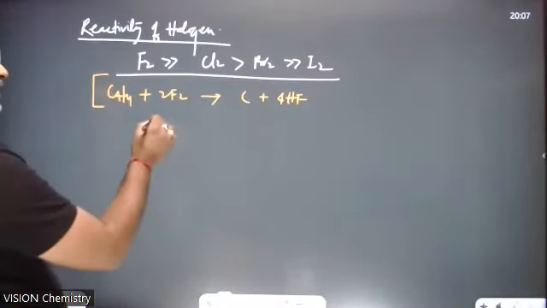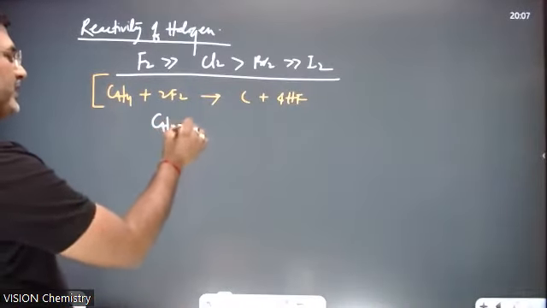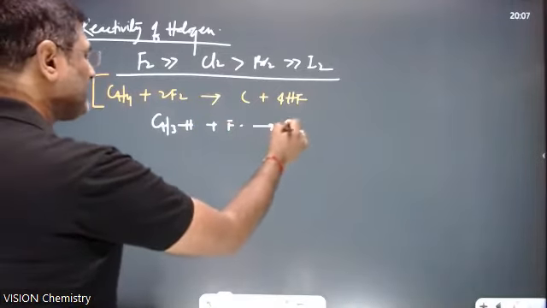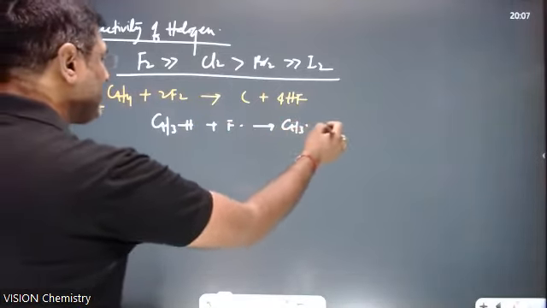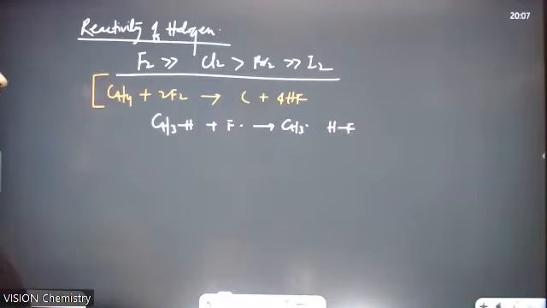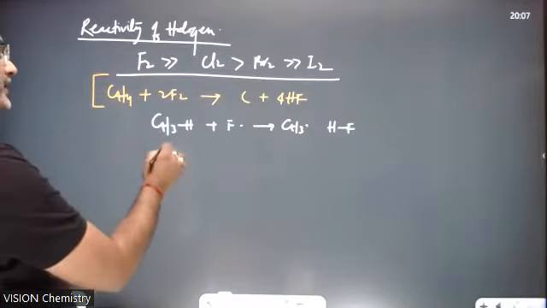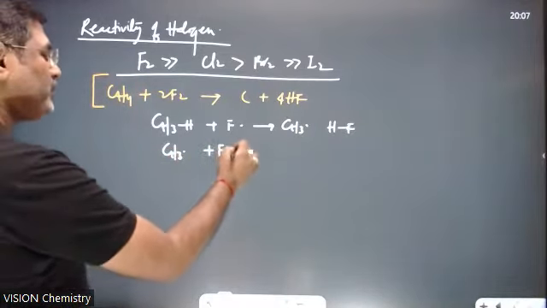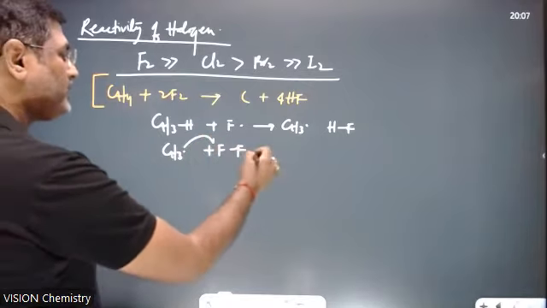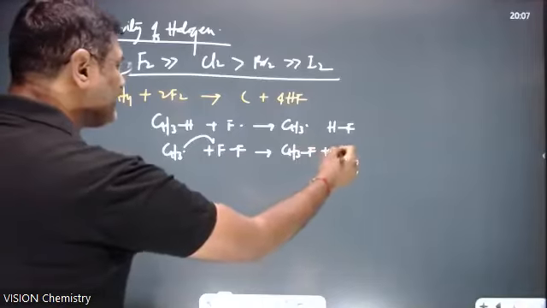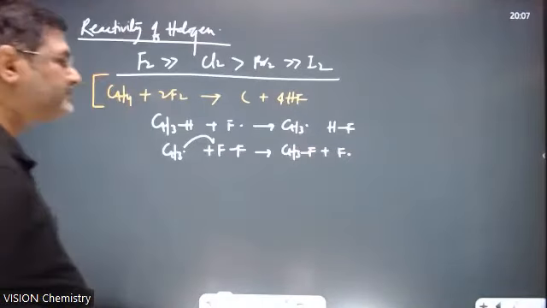First thing is, CH3 and H plus F forms here the CH3 free radical and HF. And CH3 free radical reacts with F2 and that gives here CH3F and the F free radical.